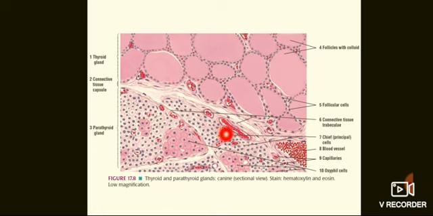The parathyroid gland has ill-defined lobules, and the parenchyma of the gland has numerous sinusoids, and it has two types of cells: chief cells and oxyphil cells. Chief cells are more numerous cells.